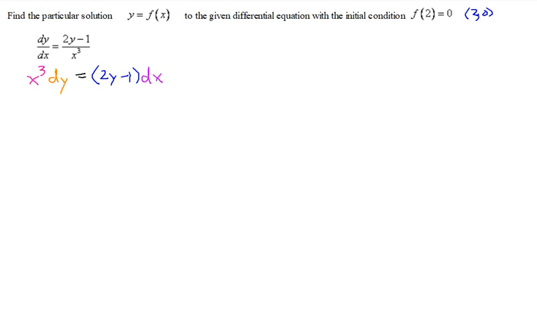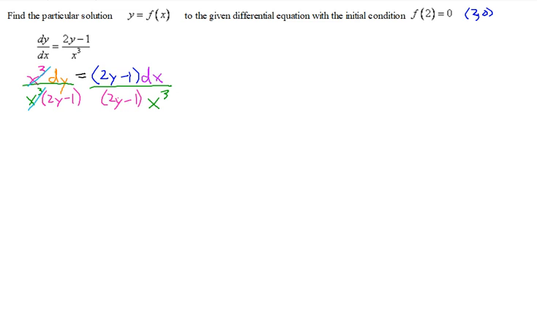So the way to resolve it, again, is using multiplication or division. In this case, division. We can divide both sides by x cubed, and we can divide both sides by 2y minus 1 at the same time to get the x's with the dx and the y's with the dy. So then what we have left on the left side, the x cubes cancel, reduce out.